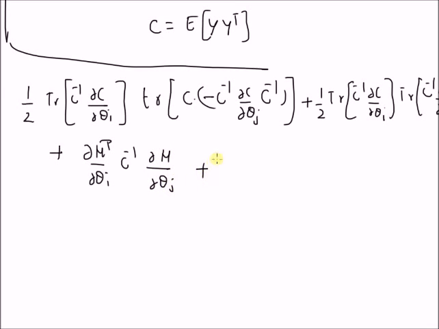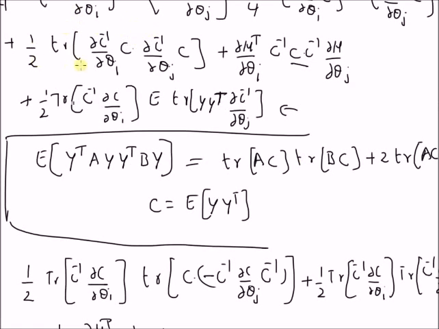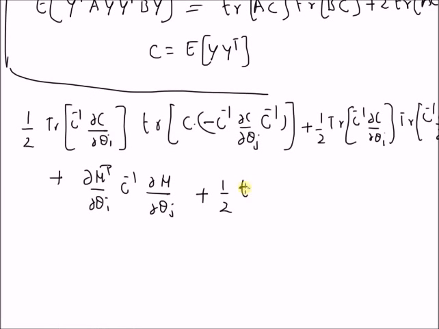And the next term is of course plus 1 by 2, that is this term, the derivative of the trace of C inverse derivative of C with respect to theta I C inverse derivative of C with respect to theta j. And clearly the first term will cancel with the second term, since this is equal to the additive inverse of the second term.